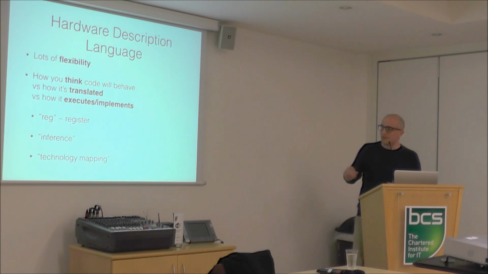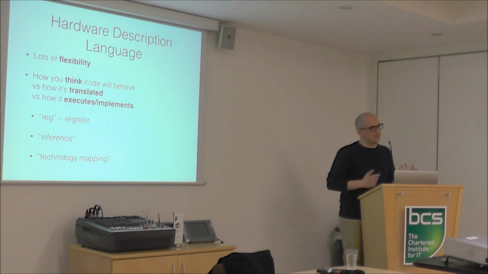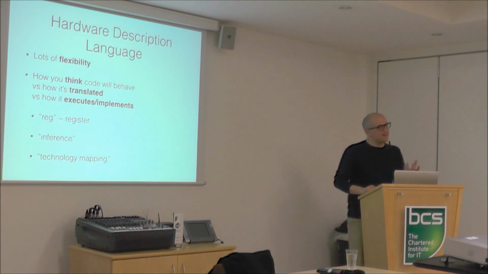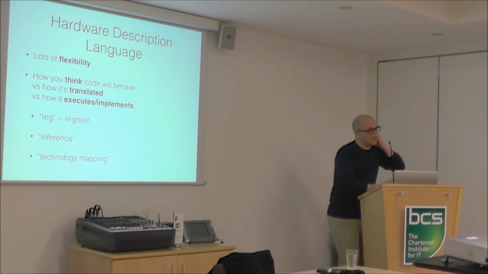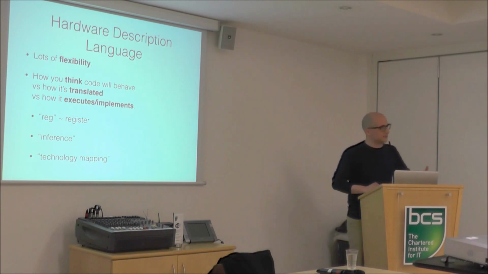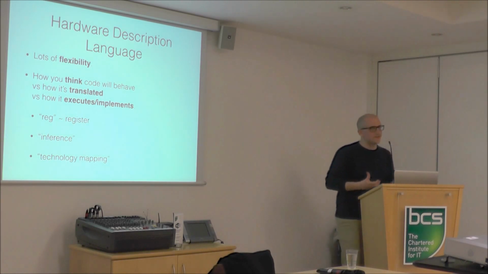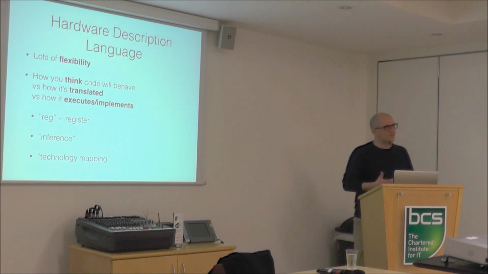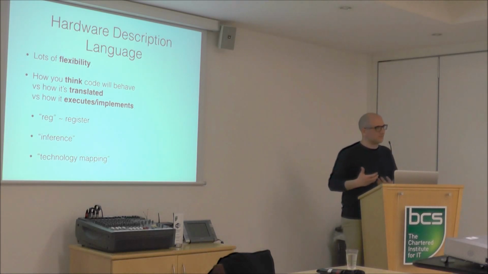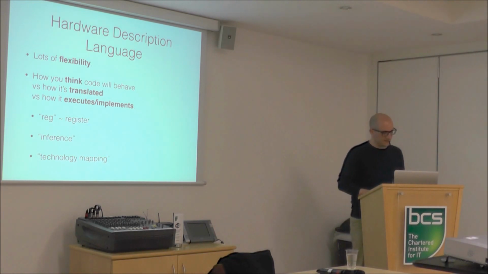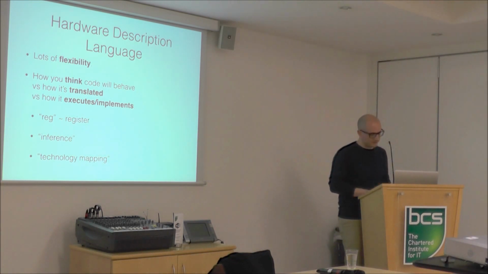There is ample scope for inference and mapping to the underlying substrate of the FPGA. And this is convenient. This is great because it's an abstraction, but it doesn't jive very well with the high level of control that we thought we had when we were writing this language. So, as ever with language designs and language choices, we have to suffer some pain, right, to be able to get our ideas into some functional form.